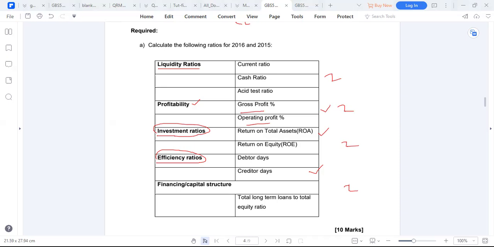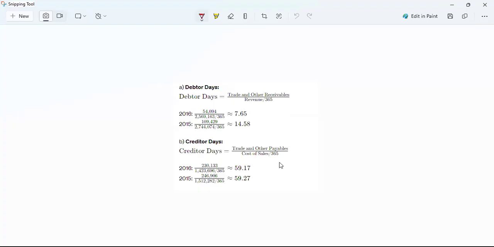For the debtors days, it talks about how effectively we are collecting our receivables from our customers. And the creditors days is how effectively we are paying the suppliers.